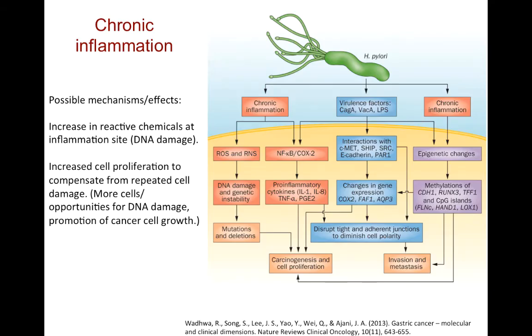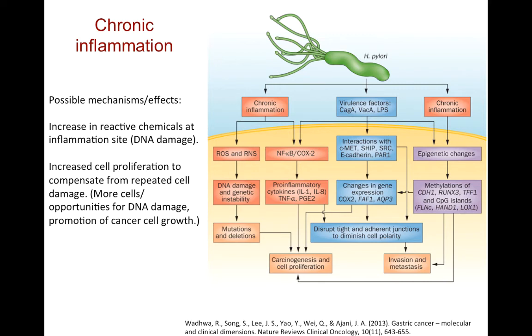The listed infectious carcinogens have the ability to cause persistent or chronic infection in at least some individuals. These infections induce chronic inflammation, which is known to be associated with cancer development. During chronic inflammation, the recruitment of phagocytes leads to increases in reactive chemicals, like reactive oxygen species, or ROS.